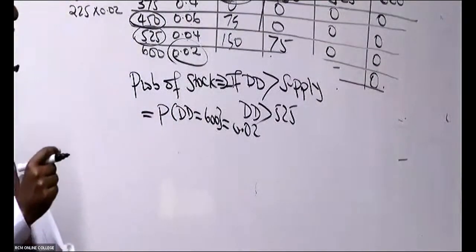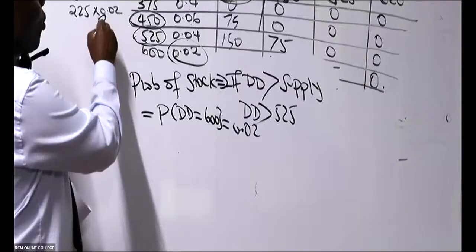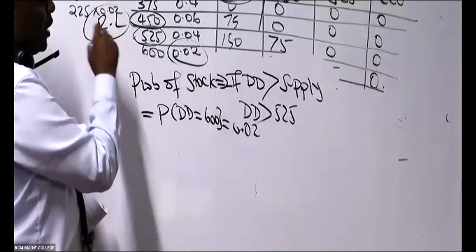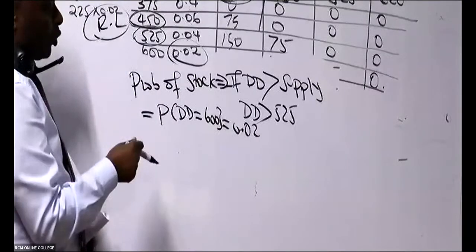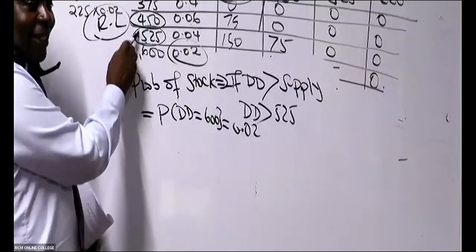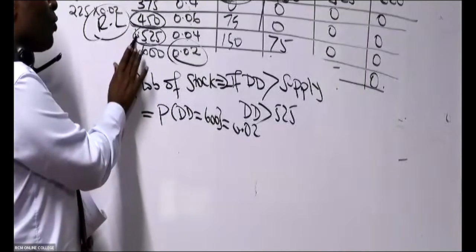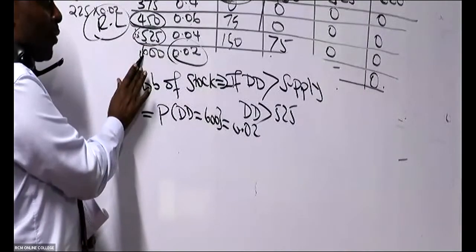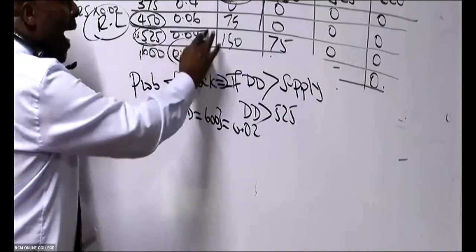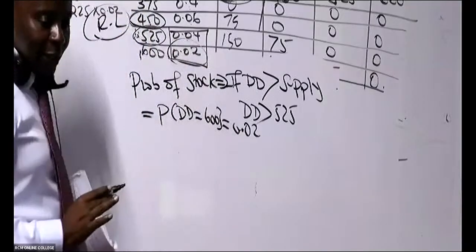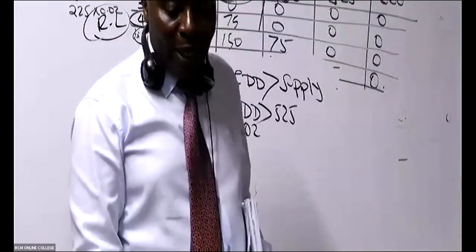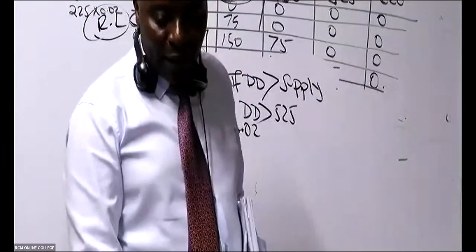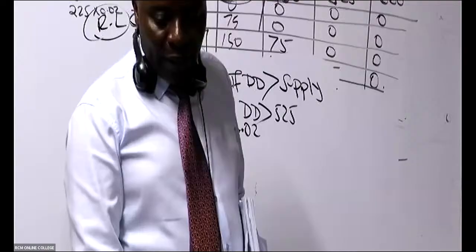There are only two events, isn't it? It's either the probability of 525 or the probability of what here, somebody? 600. So you simply add the two probabilities, because or means add.